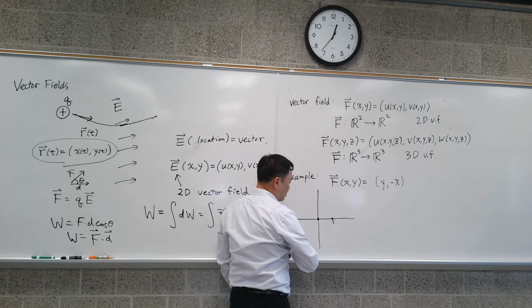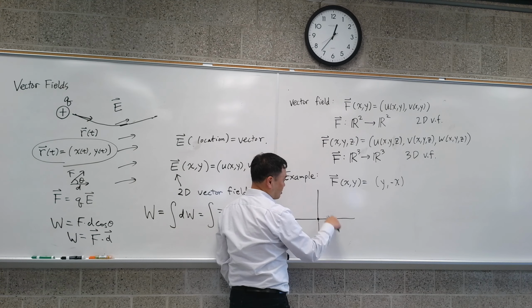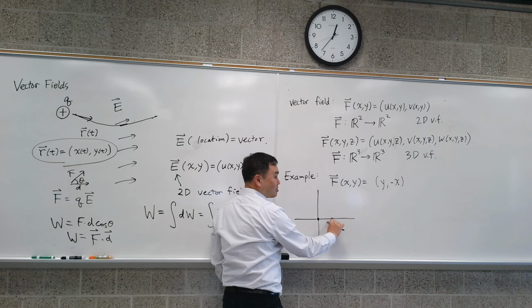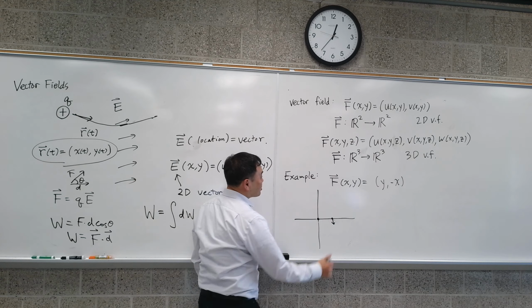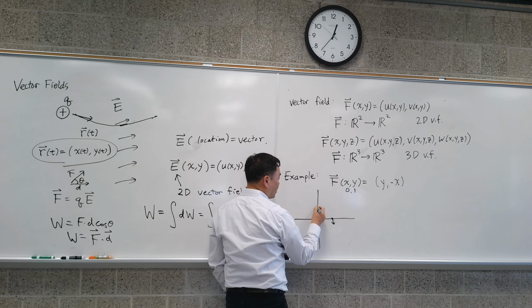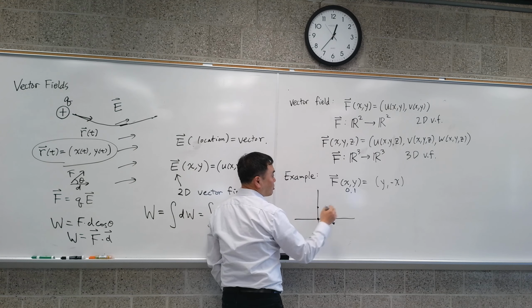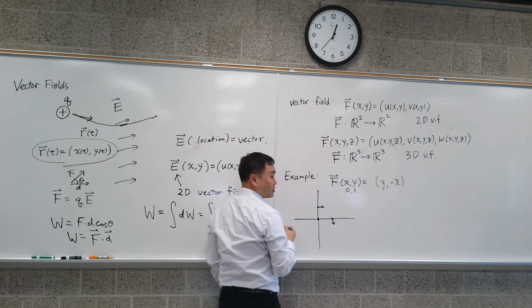So sometimes you might scale it down, but let's just imagine that it's scaled down so that this is really 1. What if you plug in 0, comma 1? So you're here. Well, 0, comma 1 gives you 1, comma 0, so it gives you this vector, right?